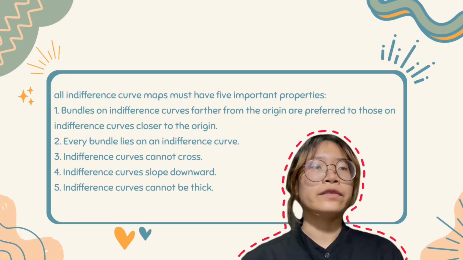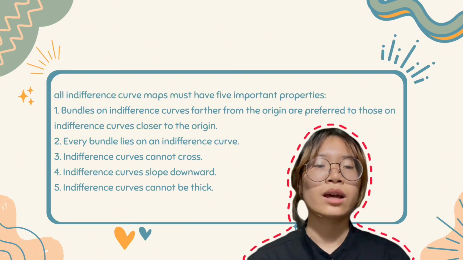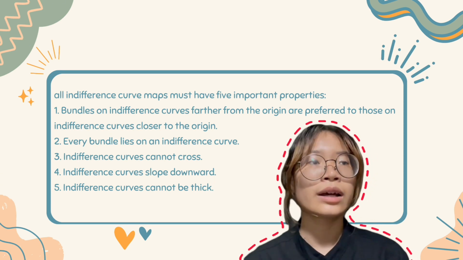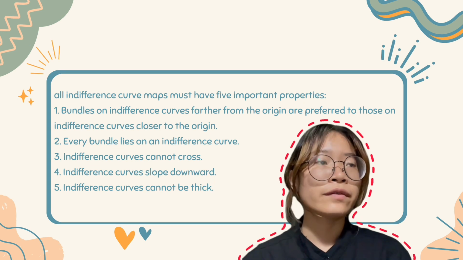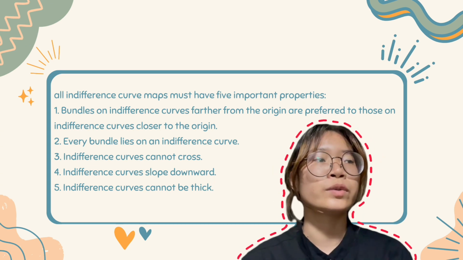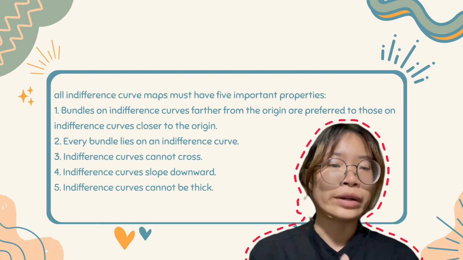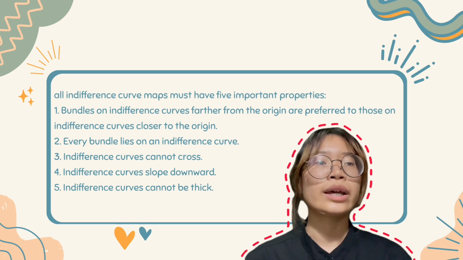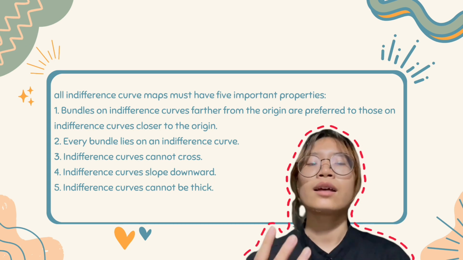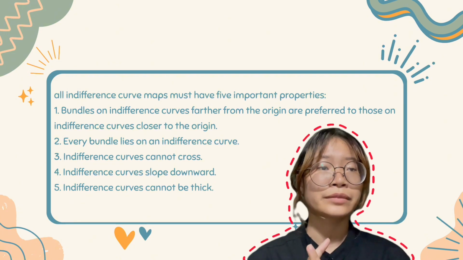So, all indifference curve maps must have five important properties. The first one, bundles on indifference curves farther from the origin are preferred to those on indifference curves closer to the origin. Second, every bundle lies on an indifference curve. Third, indifference curves cannot cross.